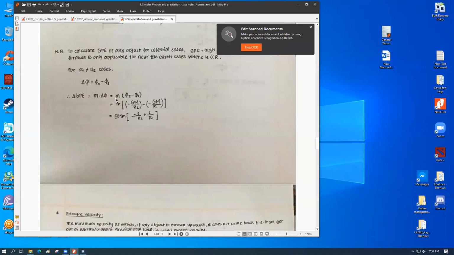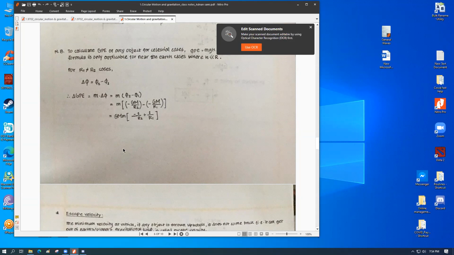So g values, small g in this case means gravitational field strength, for those 2 points would be different, so we cannot directly ram that formula MGH. We have to consider the idea of gravitational field potential change, and we have to calculate delta GP as m delta phi, which gives us this expression through all the replacement. You know how this works.